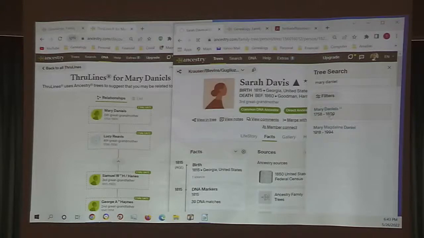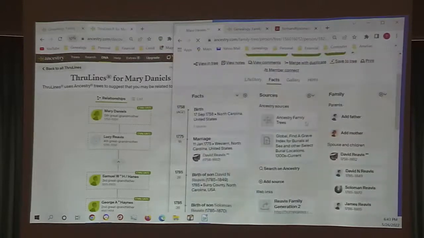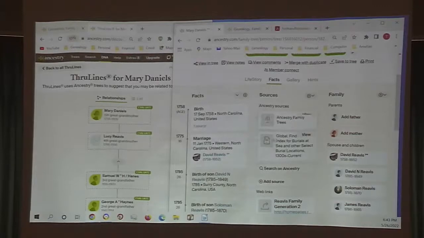Notice I have a double asterisk by her. It says I got global index for burials, another select. Okay, there's an Ancestry tree.